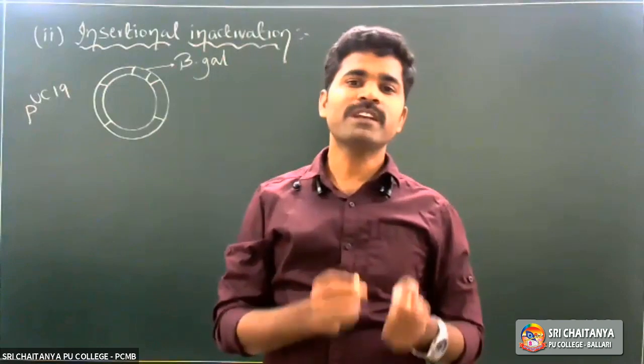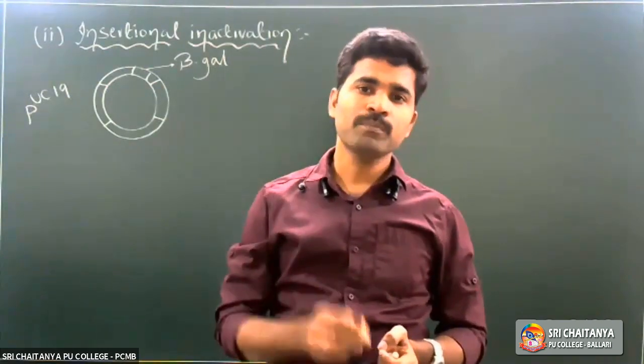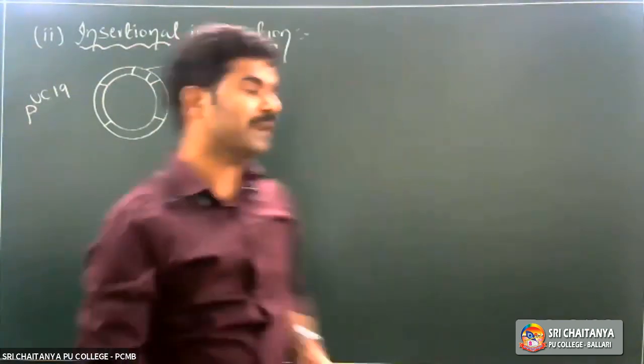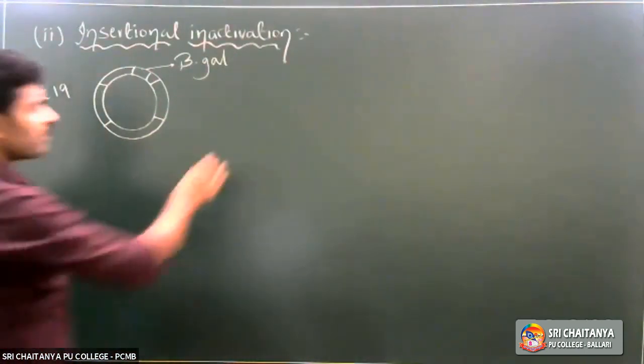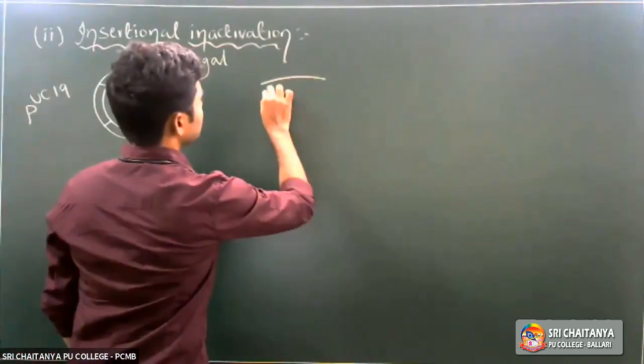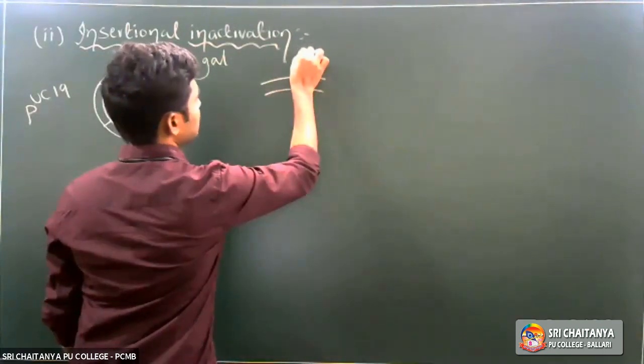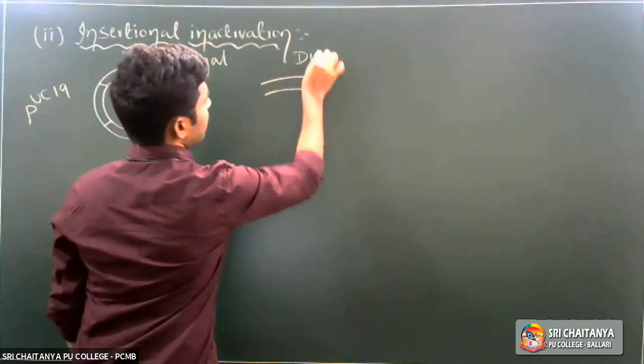It means the beta galactosidase enzyme producing DNA segment located in the pUC19 vector, in addition to the ori site, the selectable markers. Then we select foreign genetic material also: the foreign gene or desirable DNA.